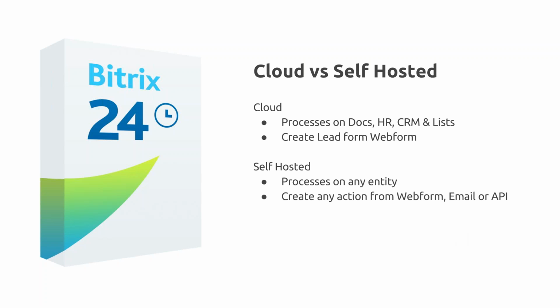They both include the editor tool, and they both include processes for documents and HR and CRM items. I think the main difference and benefit of self-hosted is the option to run processes on extra modules such as tasks and user profiles, and also the ability to trigger any process externally by an email or an API call.